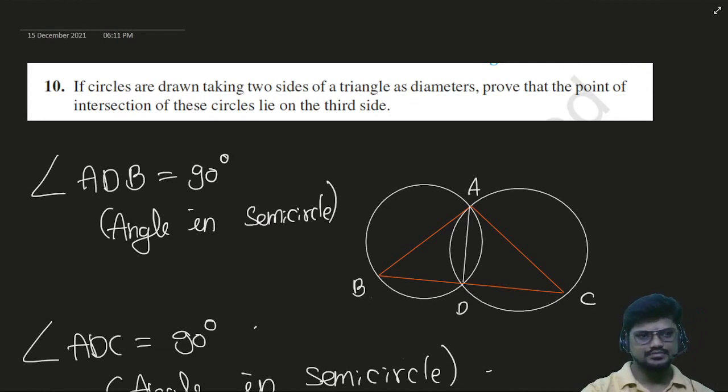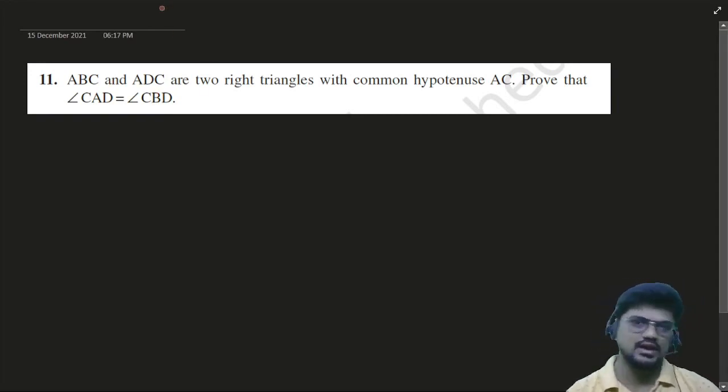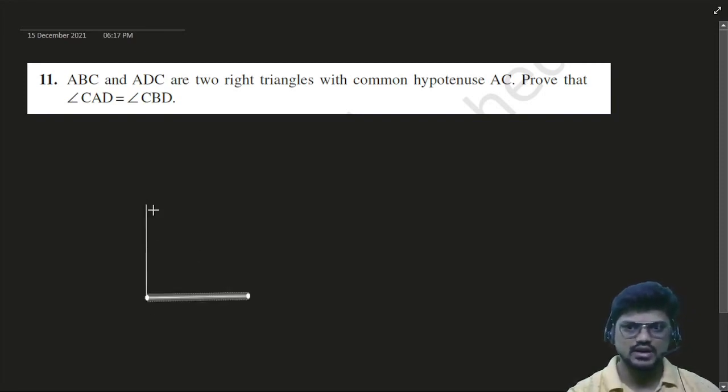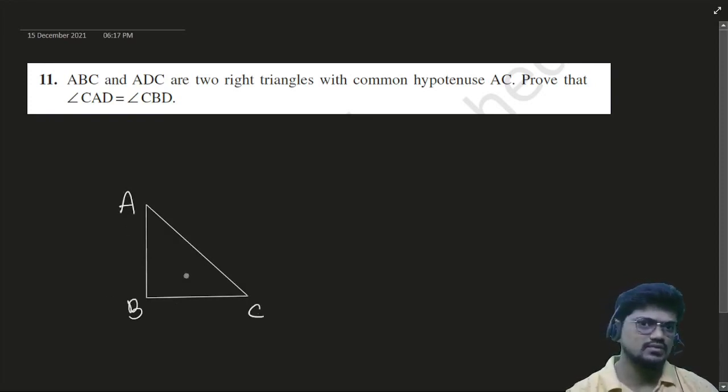The next one. Now what you have over here: ABC and ADC are two right triangles with common hypotenuse AC. Prove that angle CAD and angle CBD are equal. If I draw one of the triangles ABC, which is a right angle triangle, this is A, B, and C. And what they said, ADC is also a right angle triangle with common hypotenuse AC.